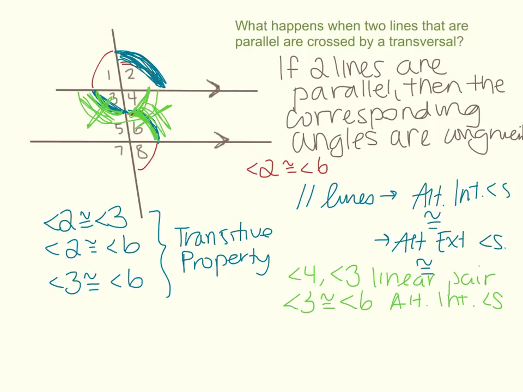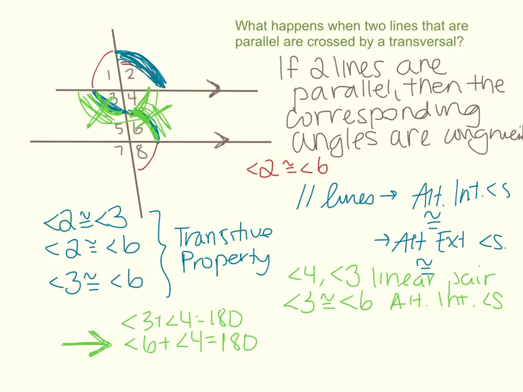All right, so now if I think about it, I know that angle 3 plus angle 4 equals 180, and I know that angle 3 is congruent to angle 6, so really angle 6 plus angle 4 equals 180 if I use substitution. So this gives us a really important thing, right?